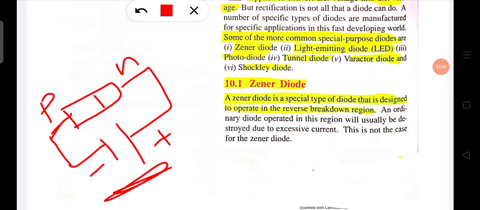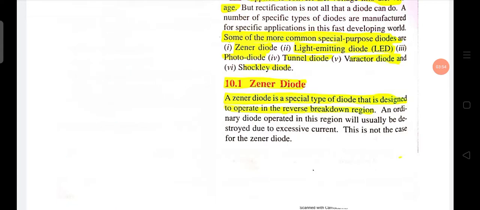In previous classes we have already studied this. This Zener diode is used in the reverse breakdown region.